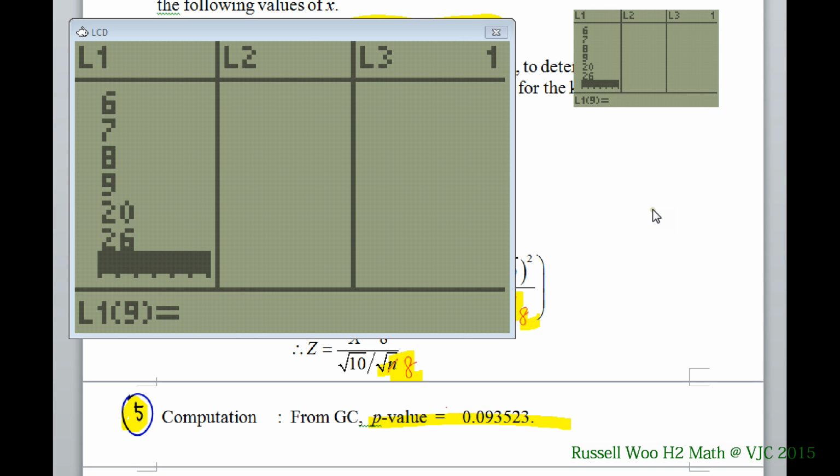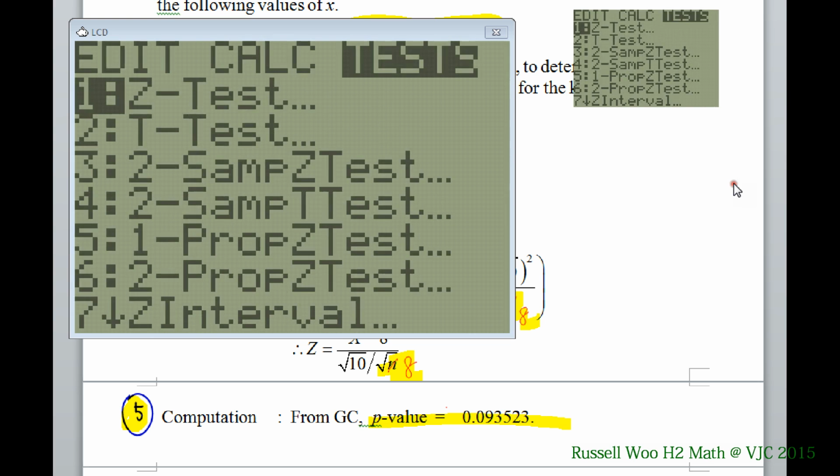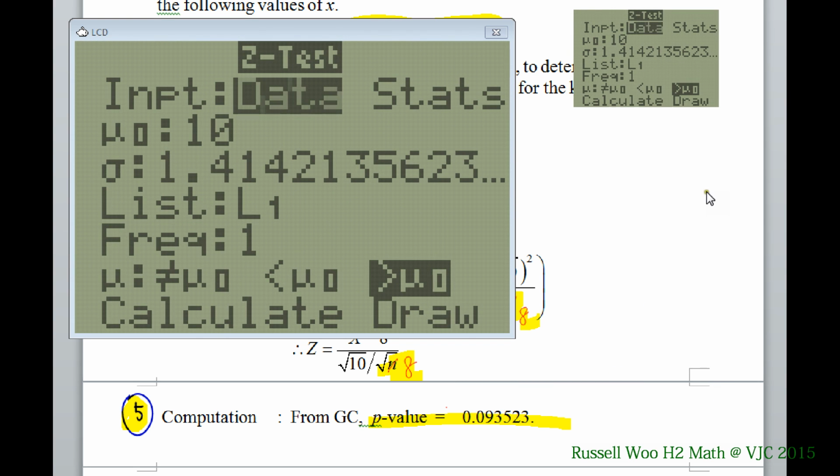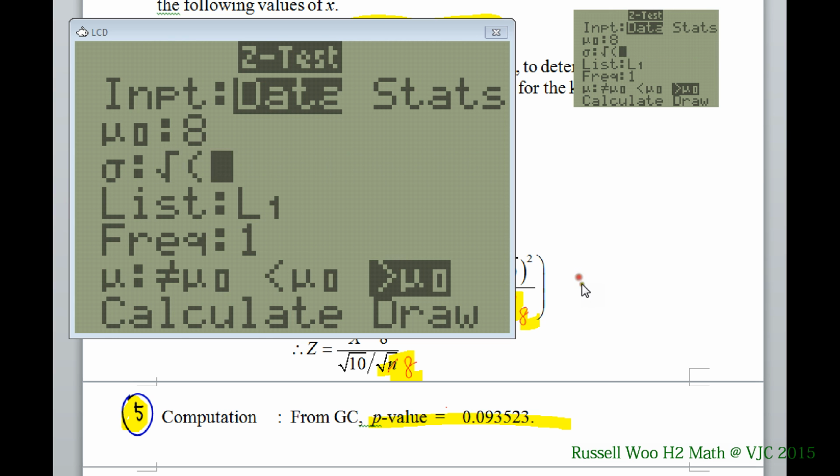And then you go to stat, z-test, data. You want to check whether the population mean is 8 or not 8. And you are given that the variance is 10. So be careful, this population standard deviation must be square root 10.